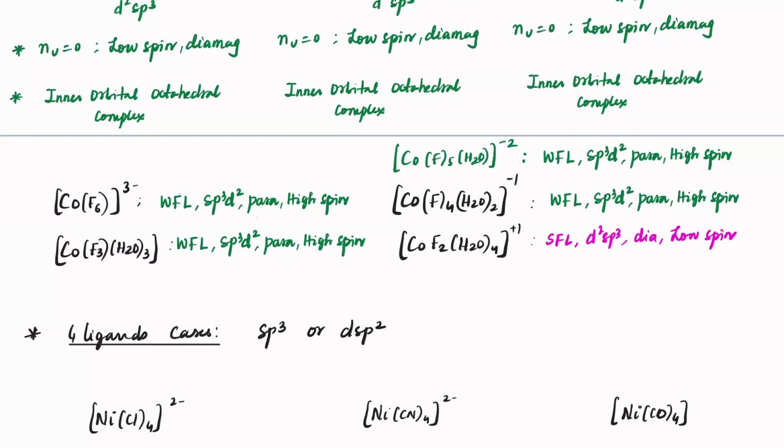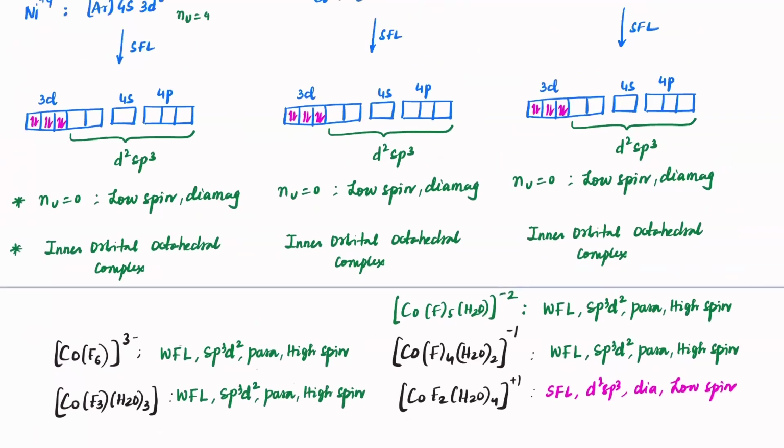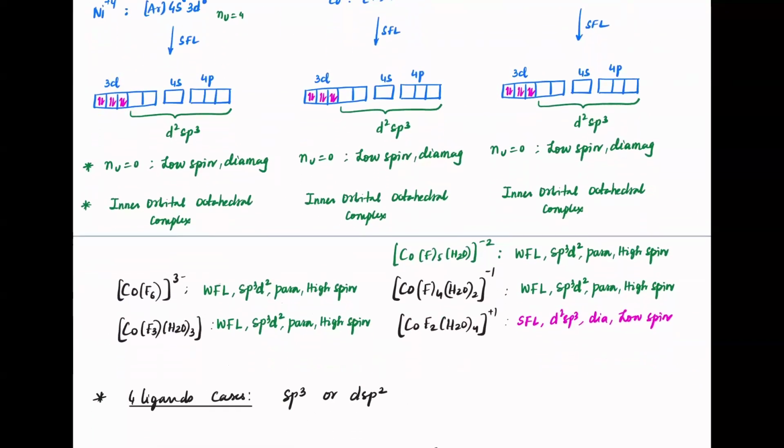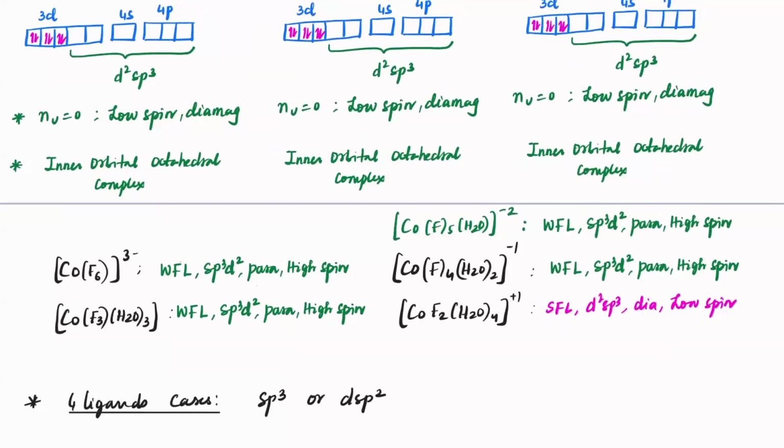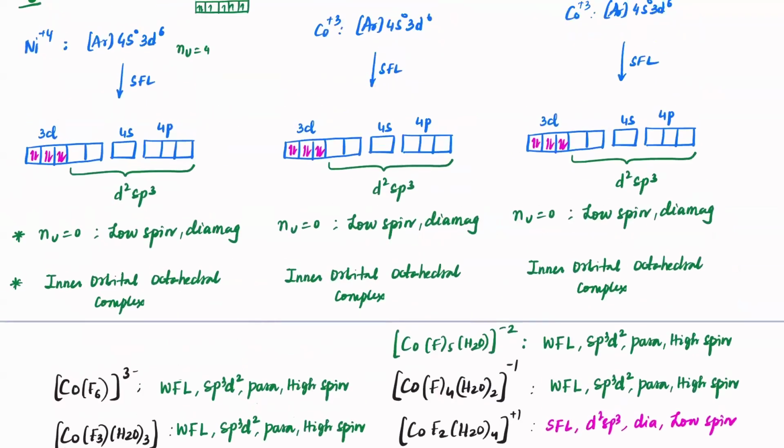Clear? In JEE, questions with one weak and one strong ligand are not usually asked, but especially in cobalt cases, all will be asked. So be aware of that.